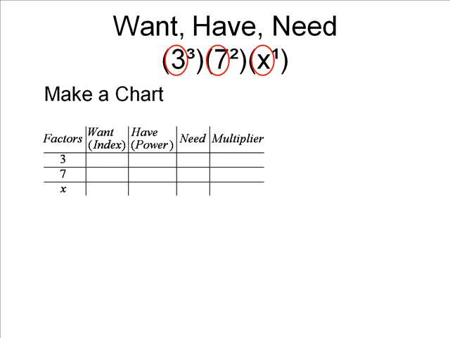Now the factors 3, 7, and x are going to be multiplied together later to form our new denominator. And we know that this is going to happen because that's what we're trying to accomplish. We're trying to get a 3, a 7, and an x to come out of that radical and become rational. So if that's what we're trying to do, then that's what's going to happen.